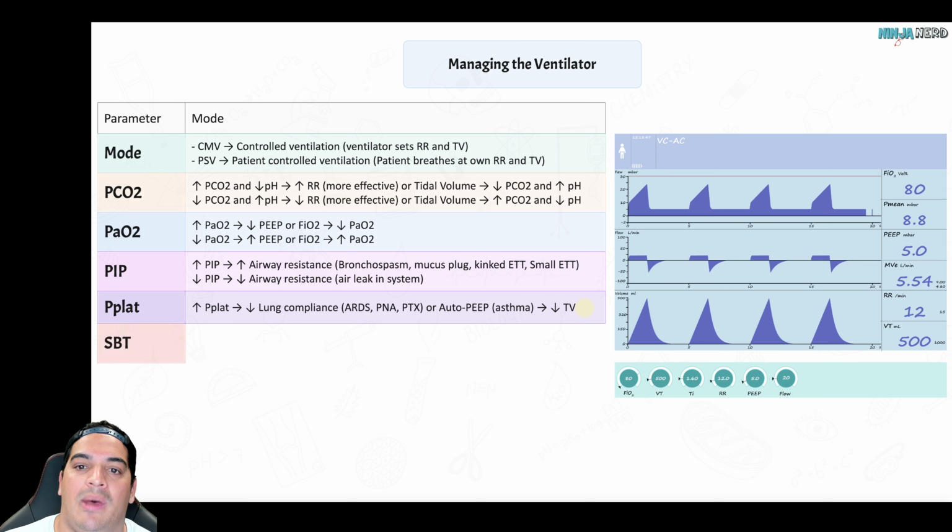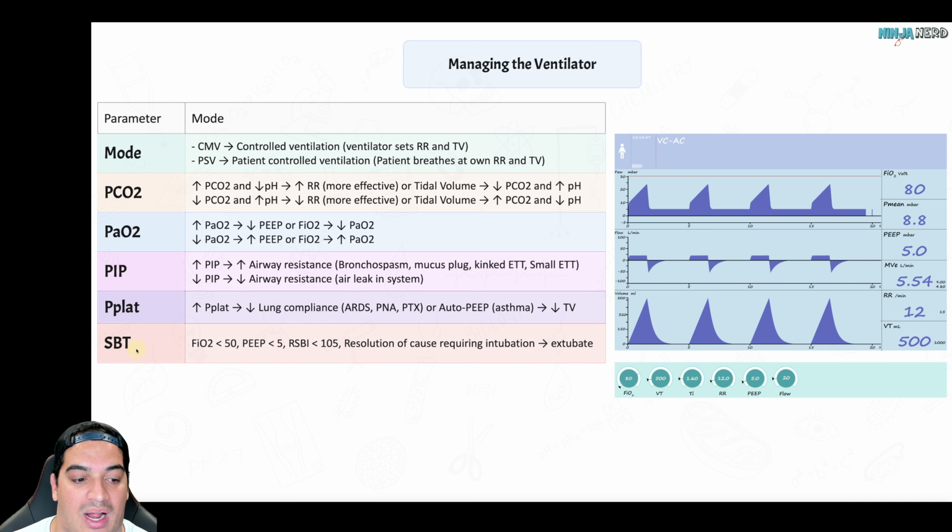The last thing I want to talk about is whenever you have a patient who maybe was intubated for a particular issue and you improve that underlying issue, you don't want them to be on a ventilator forever, so you want to get them liberated from it. And so what we do is what's called SBTs, or spontaneous breathing trials. And we look at a couple different things. Did they resolve the reason why they were intubated? And if they did, good, that's one thing. Second thing is, are their FiO2 requirements very, very minimal? Okay, good.